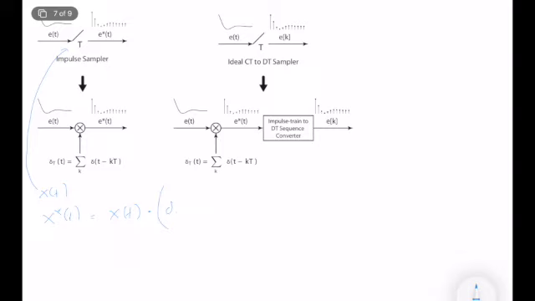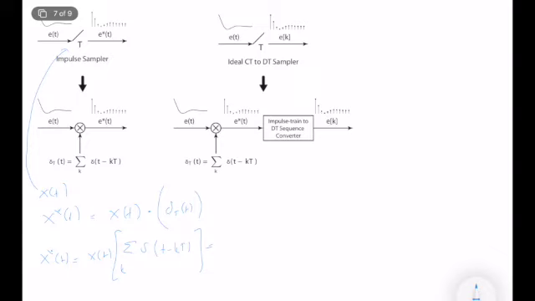So x star of t is equal to x of t times the sum over k of delta t minus kT. I just put x of t inside.